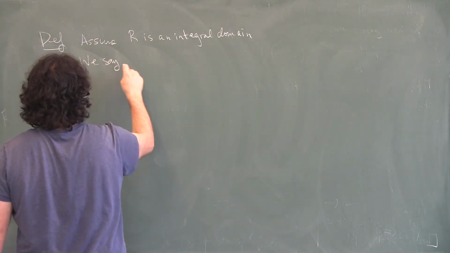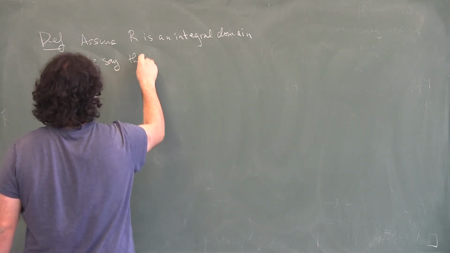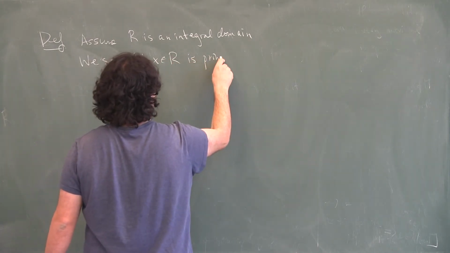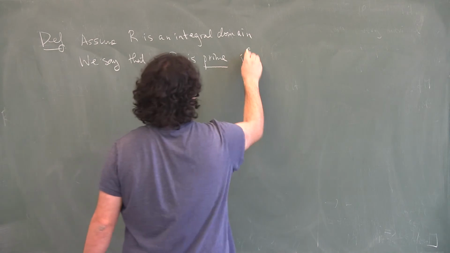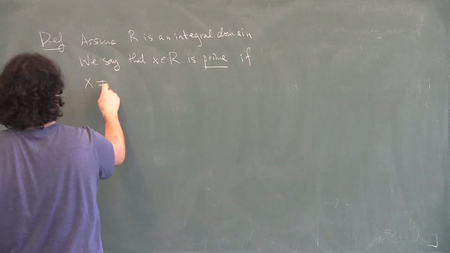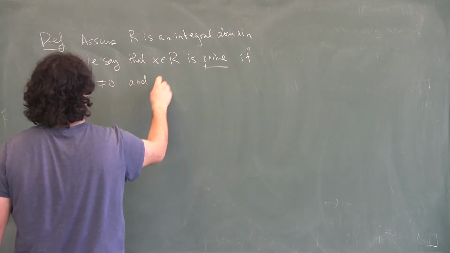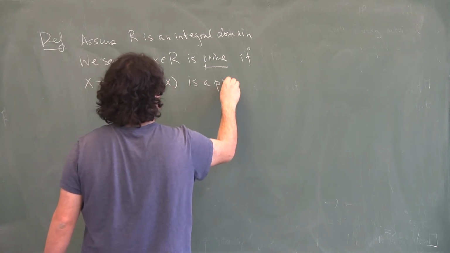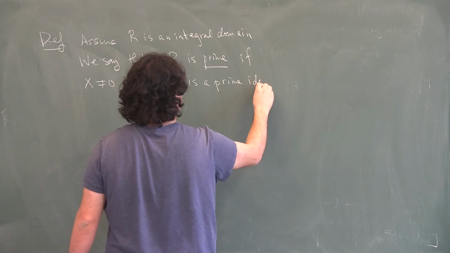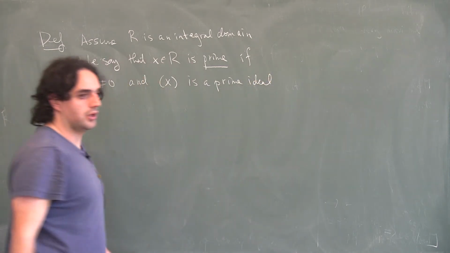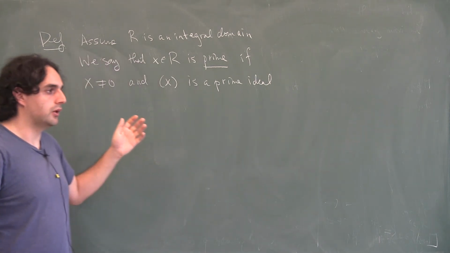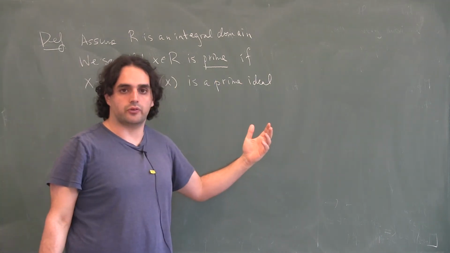We say that x in R is prime if x is not equal to 0, and the ideal generated by x is a prime ideal. Okay? So this gives us one more type of element to add to the ones that we've studied before.